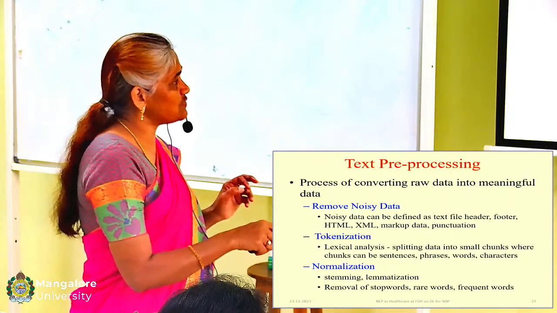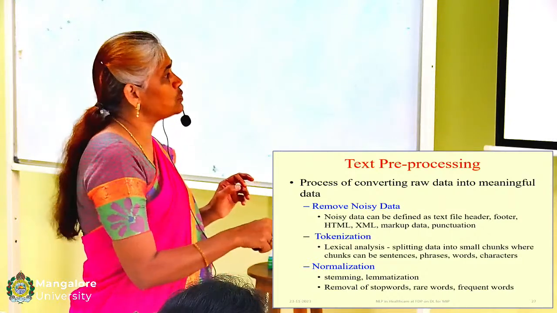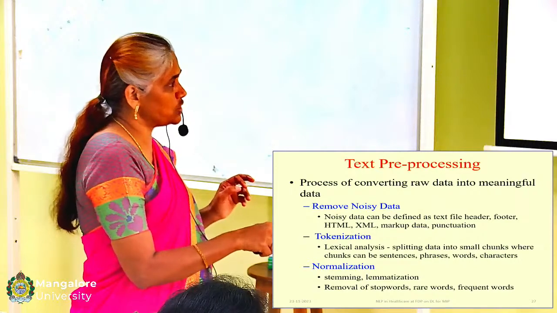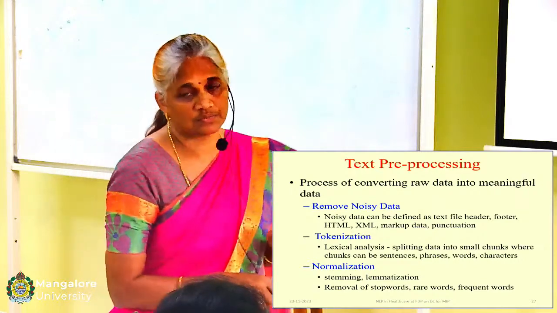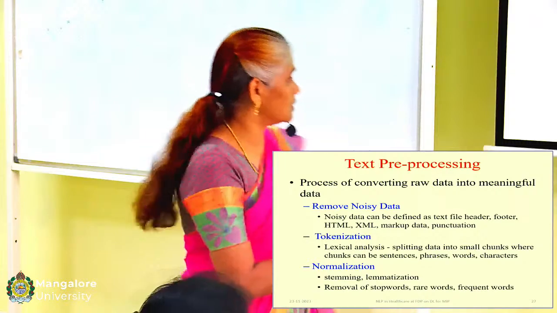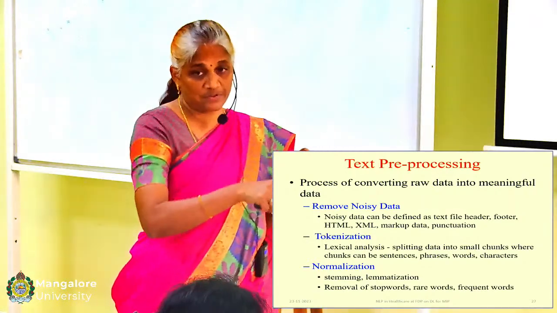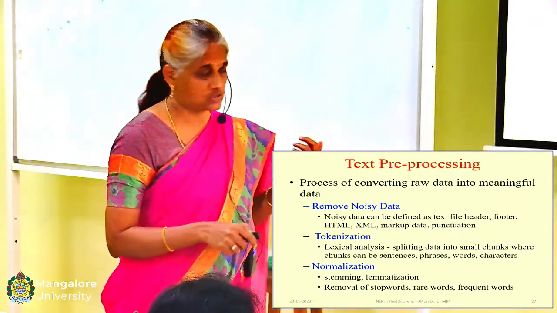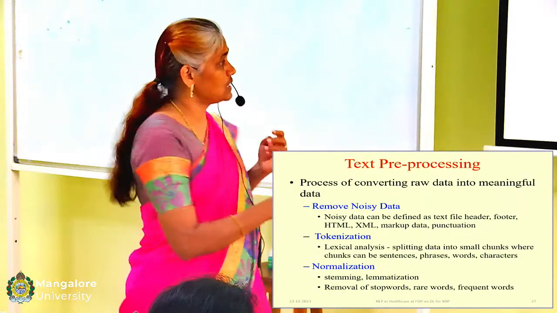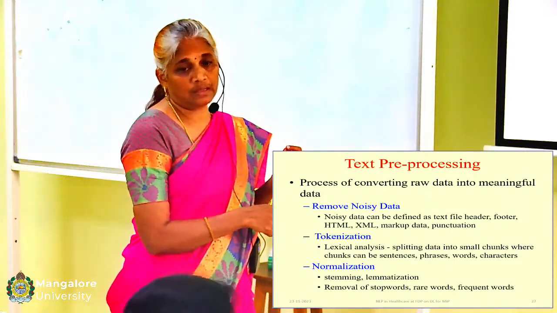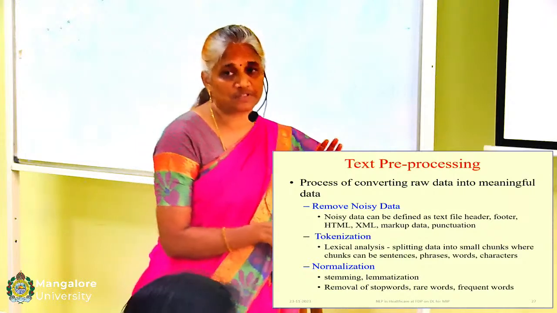Remove the suffix from splitting, it becomes split. Remove the s from sentences, it becomes sentence. Stripping the suffix, or it may even be a prefix, but most of the time it will be suffix. That is called stemming, removing the prefix and the suffix.